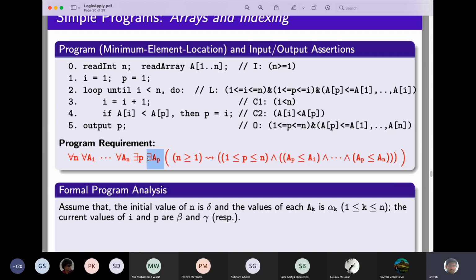Since P could be a volatile quantity, there exists a P, and the value at P location is also a volatile quantity, so there exists some value where I can make this true. Therefore, I take these two as separate. Clear? Yes, sir.